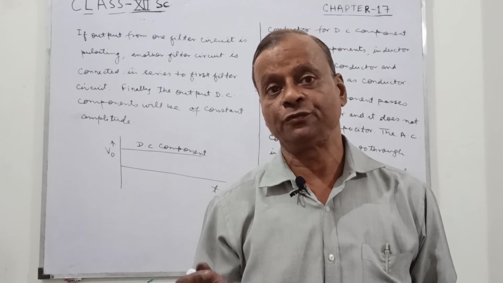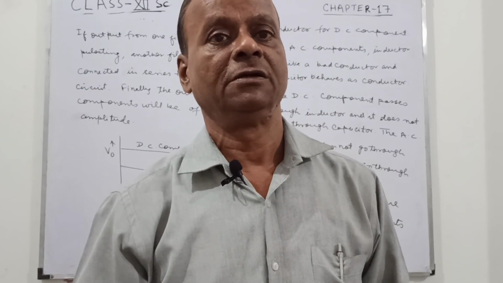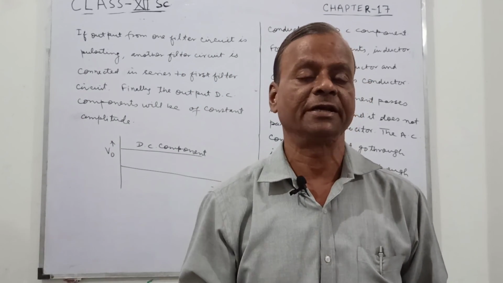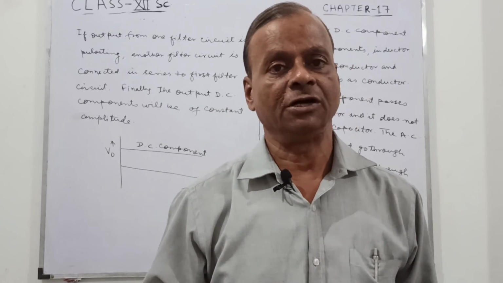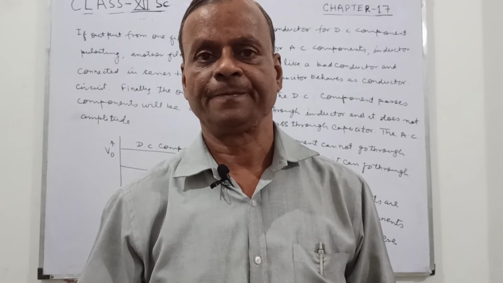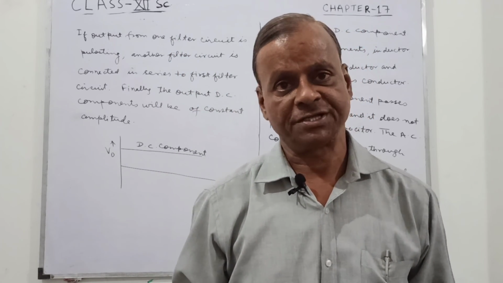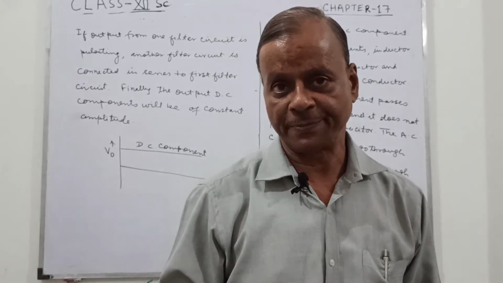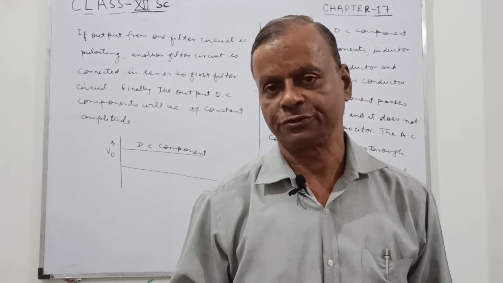If from the next one we are again getting pulsating output, then we add the next filter circuit. So a series of filter circuits can be used for obtaining the DC output of constant amplitude. So this is how the filter circuit works when it is applied to a pulsating output.